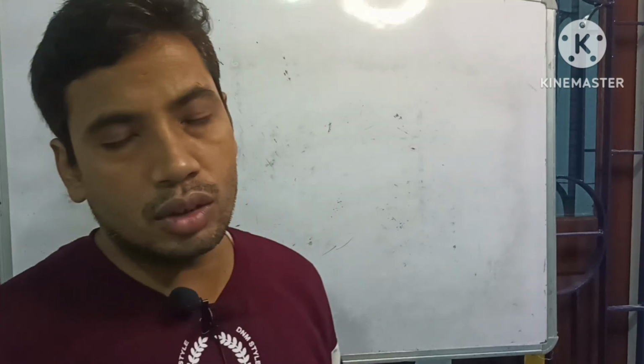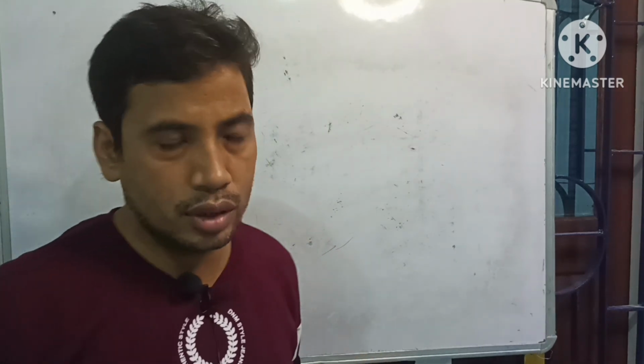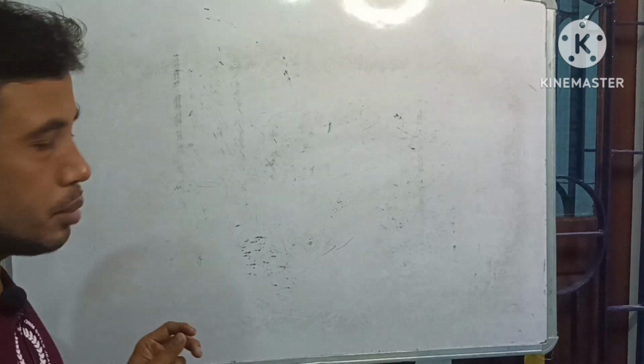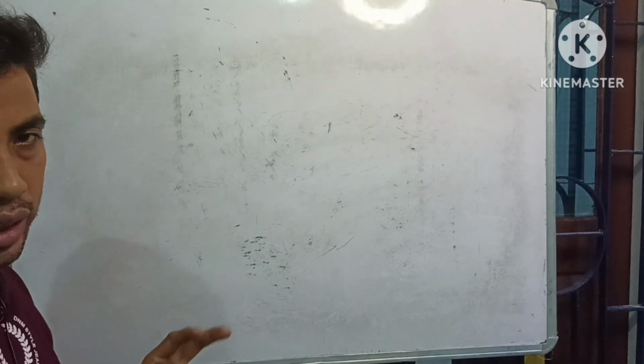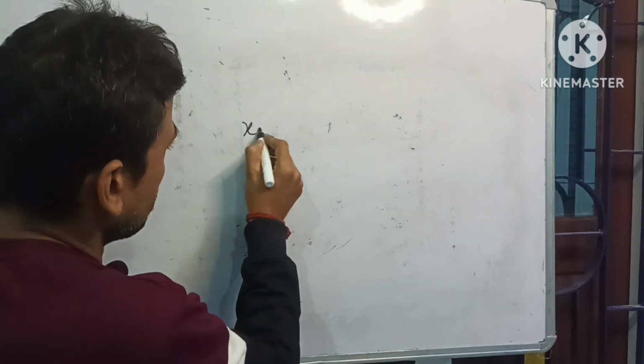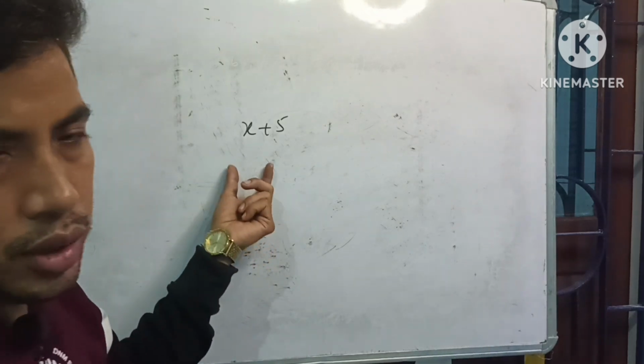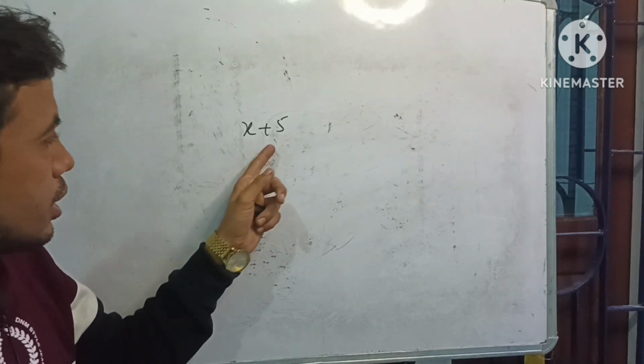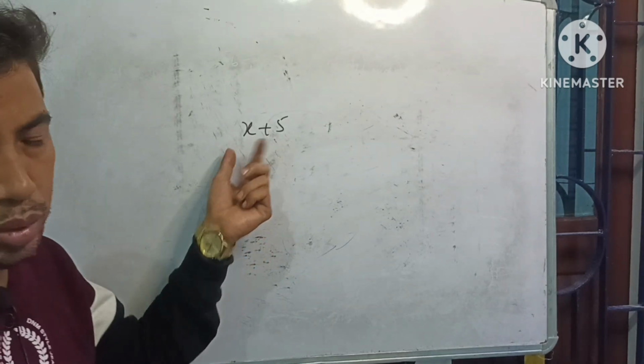Okay. Now we discuss the zeros of a polynomial. What does the zero of a polynomial mean? Suppose I take a polynomial x plus 5. Here the variable is x and 5 is a constant. This is a linear polynomial because the degree is 1.